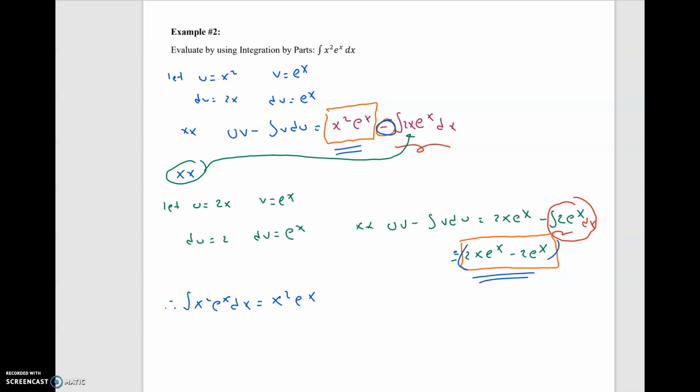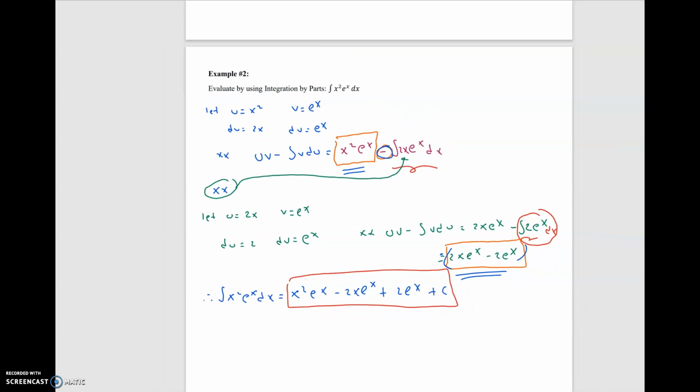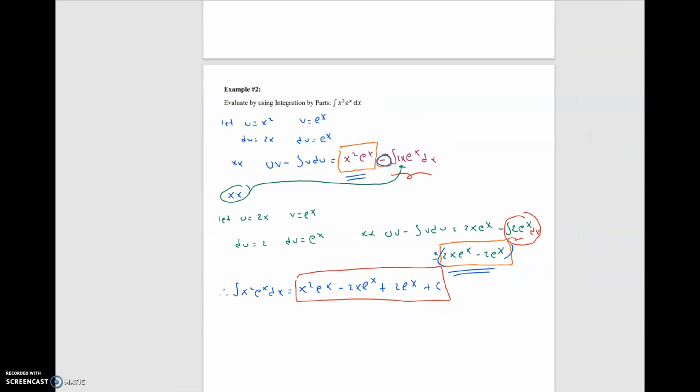So it'll be minus 2x e to the x plus 2 e to the x, and then plus the constant of integration.